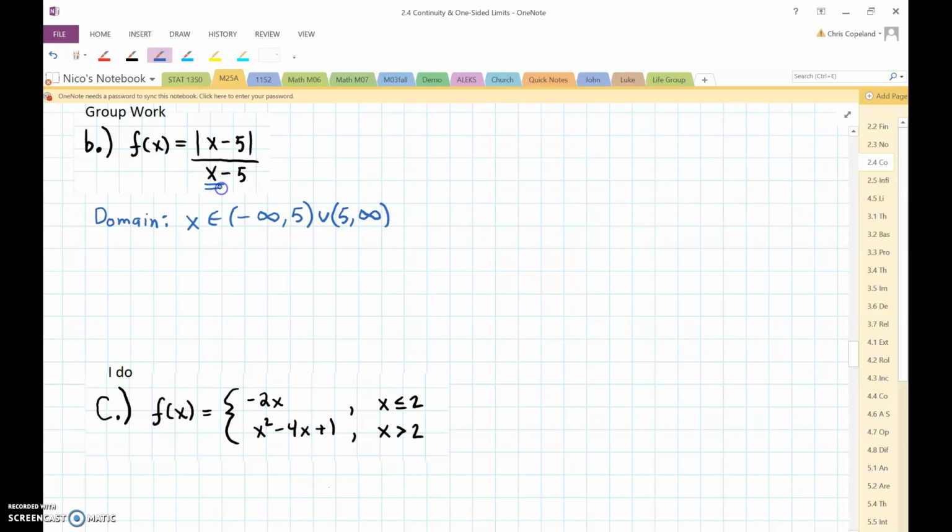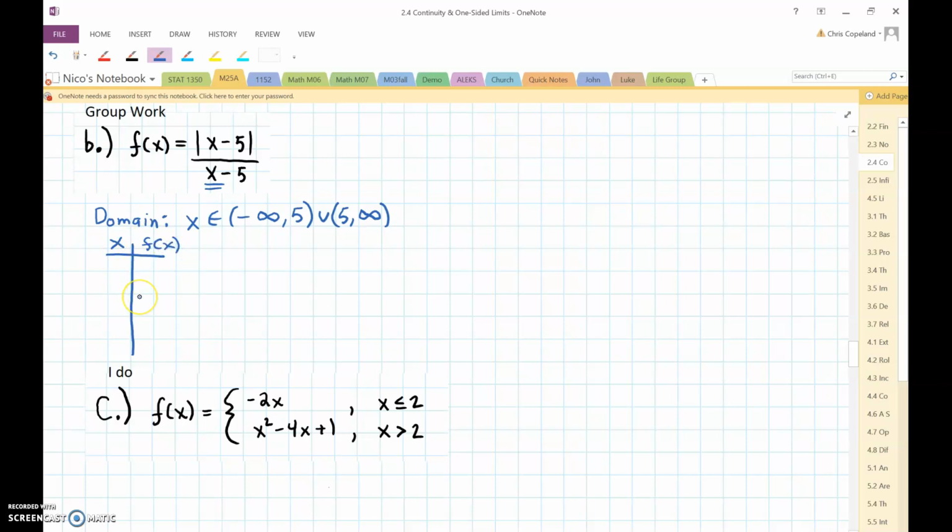Because when x would be 5, that would make the denominator undefined. So there's my domain, which means this is not going to be continuous. There's going to be some break in the graph. So let's graph it by using a table.